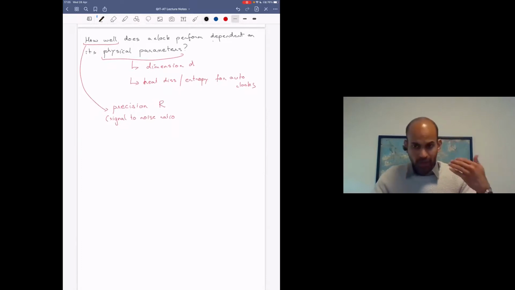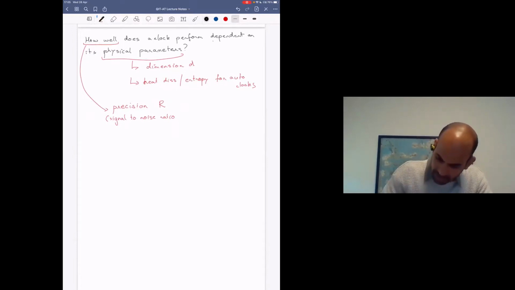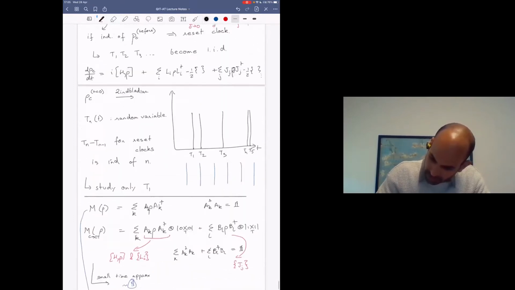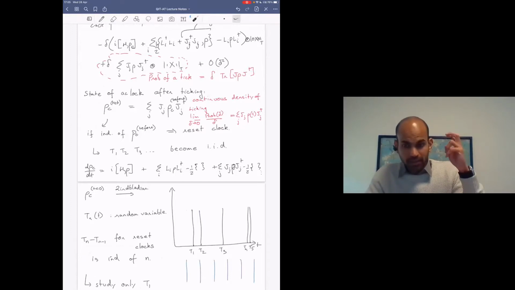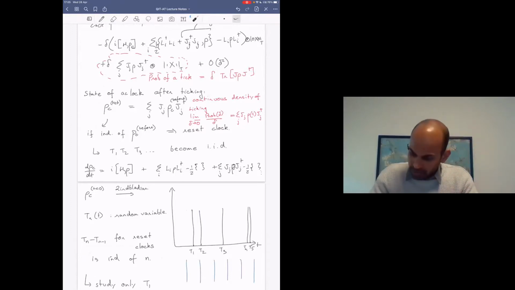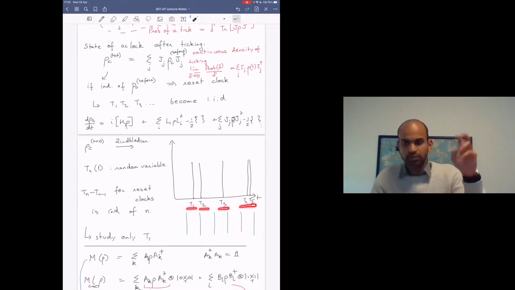Okay, so before I talk about the physical parameters, let me discuss a bit what this precision R is. So remember, at the end of the previous discussion, what I looked at as the fundamental output of a clock was this probability density of ticking, which we can write as a probability density of seeing these random variables t1, t2, t3 as a function of time.